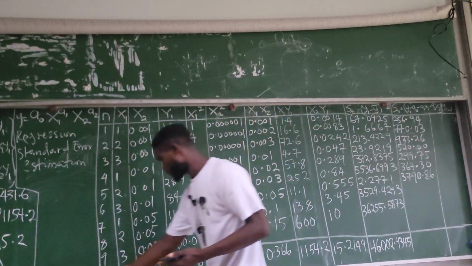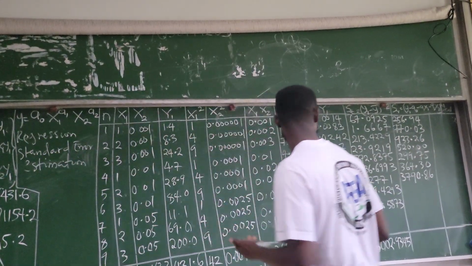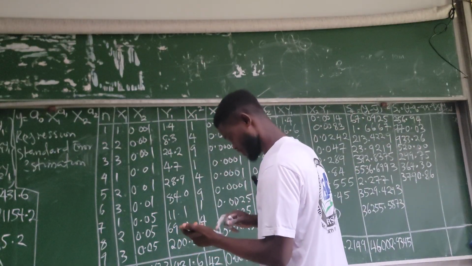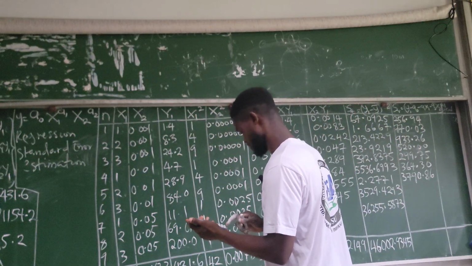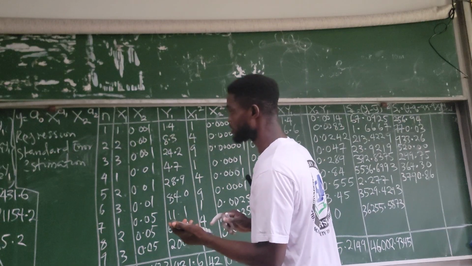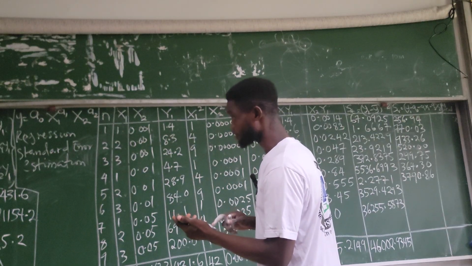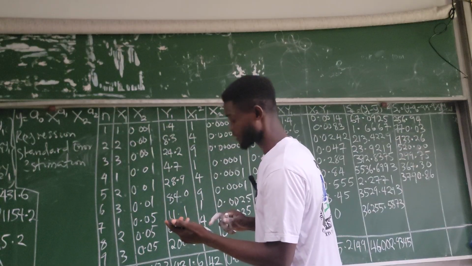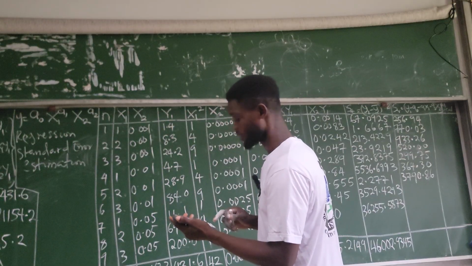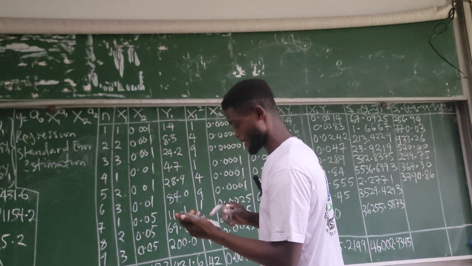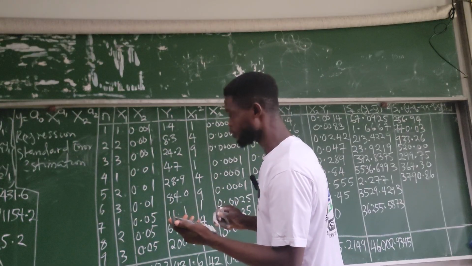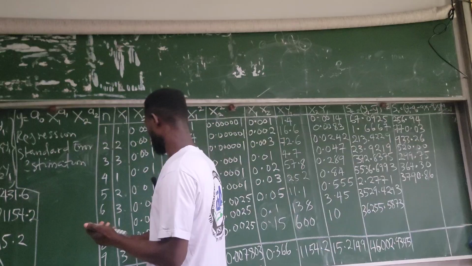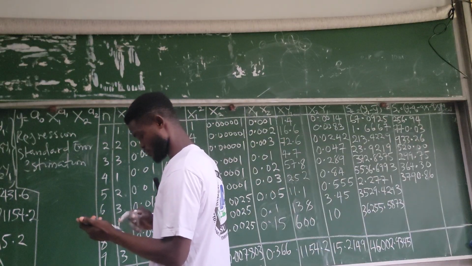So after that, we go to the next one: 69.0 minus a0, that is minus 2.48 minus 18.70 times, for that column, what is it? It is 2. That's for x1 is 2.